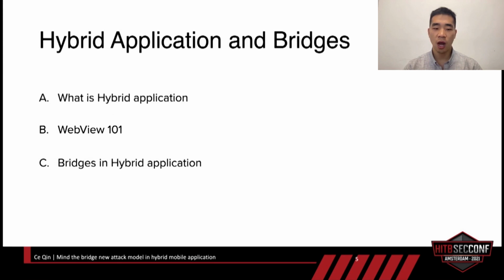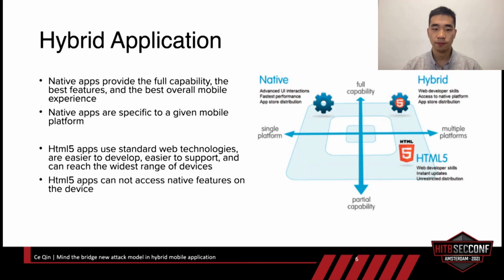So, what is a hybrid application? The diagram shows the mobile app technology stacks. We can see that native apps provide the full capability, the best features, and the best overall mobile experience. Native apps are specific to a given mobile platform.